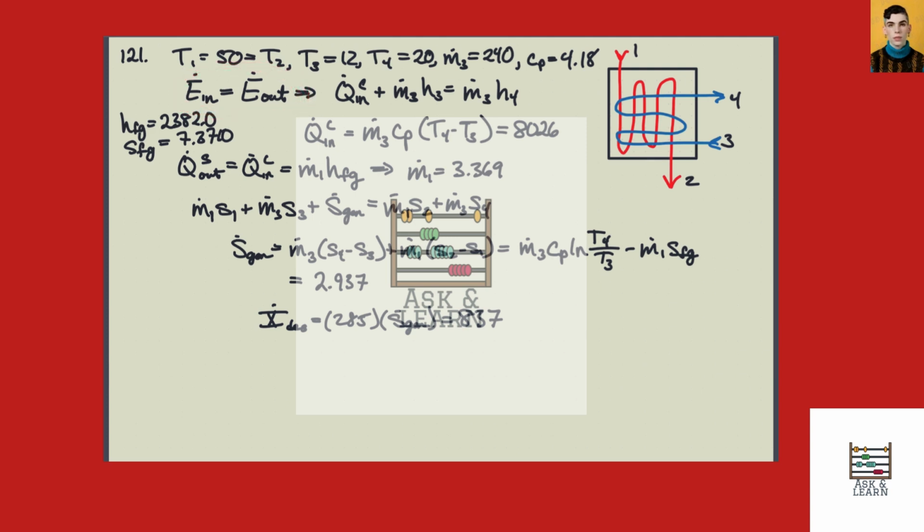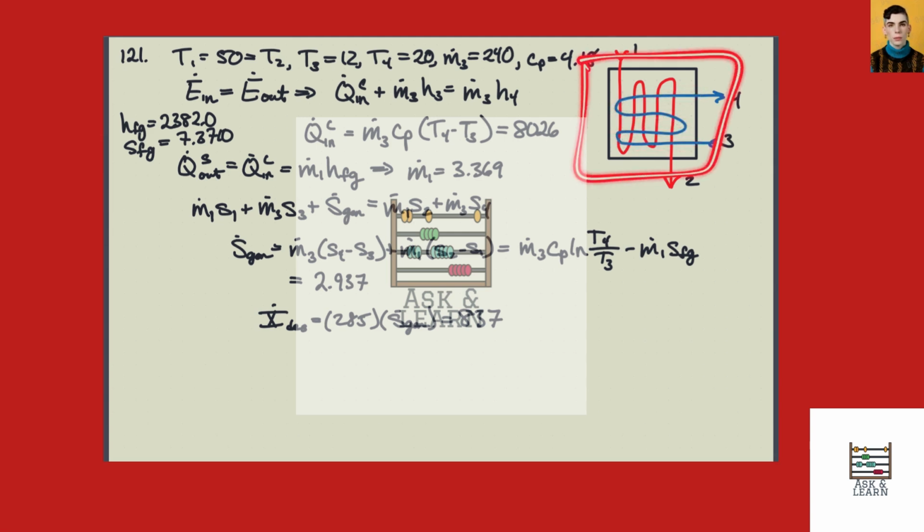So the rate of energy going in is the rate of energy going out. If we just look at the cold water as a control volume, we have heat being transferred into that cold water.